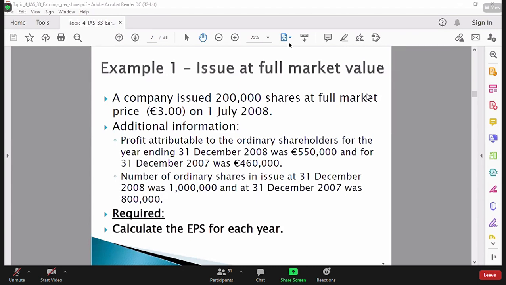Okay. So how much do you get for 2007? How much do you get for your EPS? 0.575. Okay. Calculate for 2008 then.